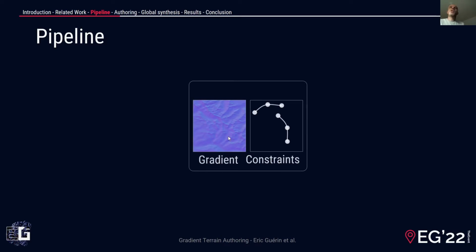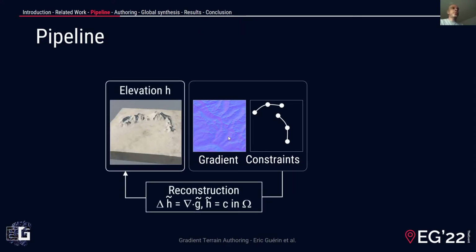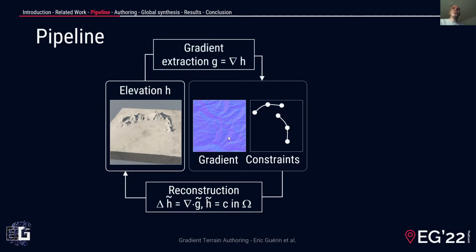The gradient of the elevation is central to our framework. The gradient combined with constraints implicitly defines the model. The elevation can be obtained by reconstruction, by solving a Poisson equation. Conversely, the gradient can be computed directly from the elevation.